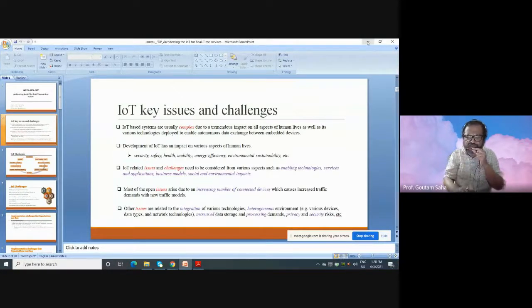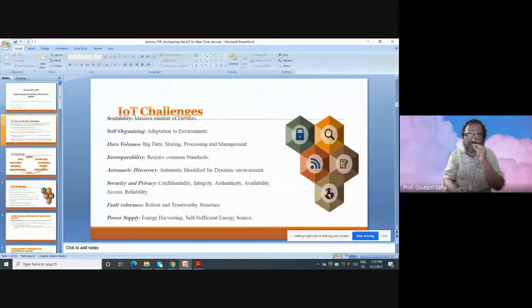What are the limitations of IoT? The limitations of IoT I have discussed on that day. The limitations of IoT are scalability, self-organization, data volumes, interoperability, automatic discovery, security and privacy, fault tolerance, power supply.